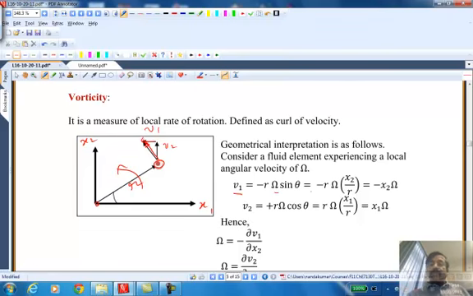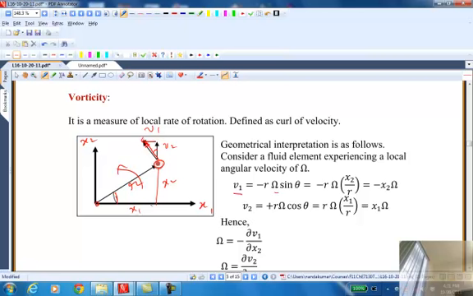Now sine theta is the same as x2 over R. These two triangles are similar. So this is x2, this is x1. We are focusing on this fluid element, which is at a distance of x1 and x2. So sine theta here is x2 over R and cos theta is x1 over R.